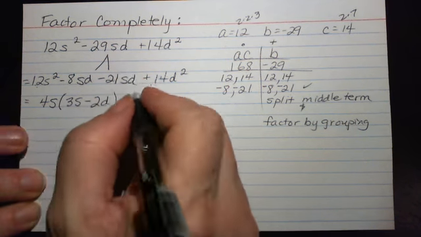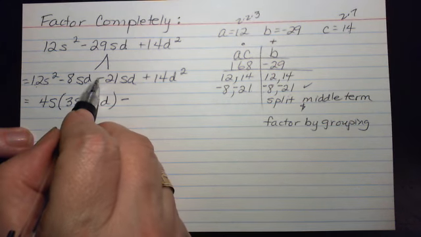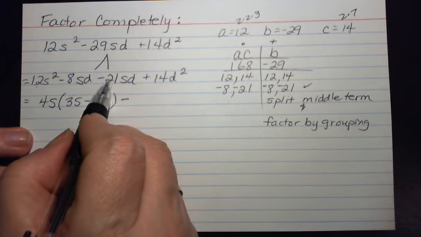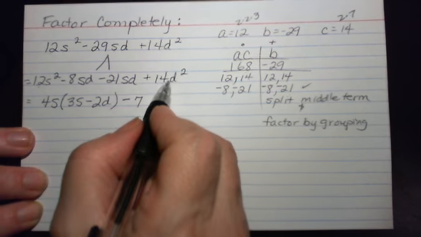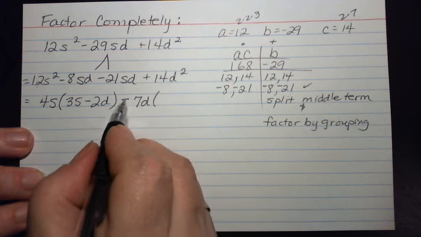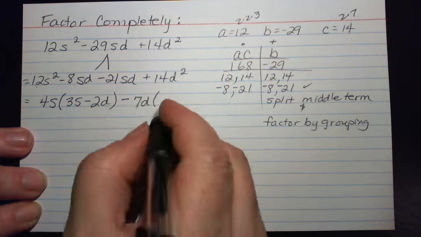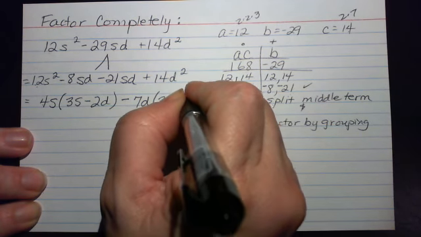The s's cancel. Group 2, we know it's going to be a negative common factor. Group 2 starts with a minus. 21 and 14 have a common factor of 7. sd and d squared have a common factor of d. When we factor out negative 7d from group 2, we get 3s and negative 2d.